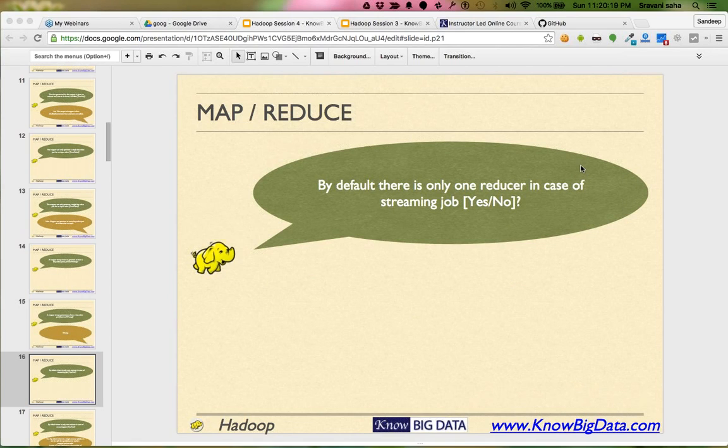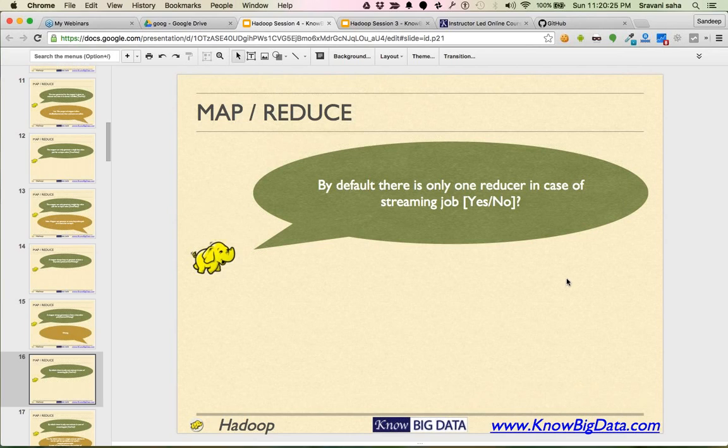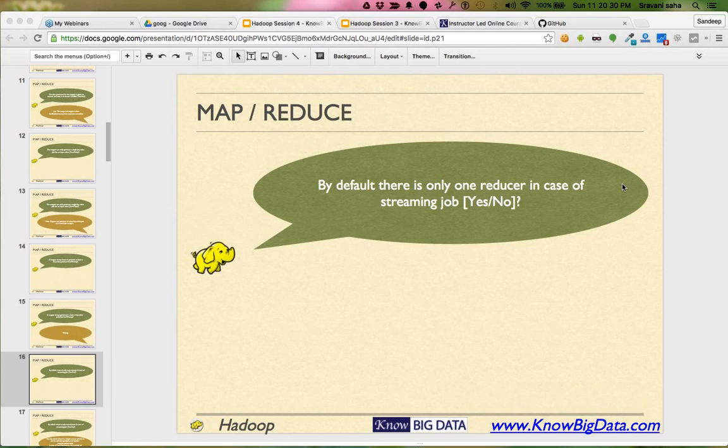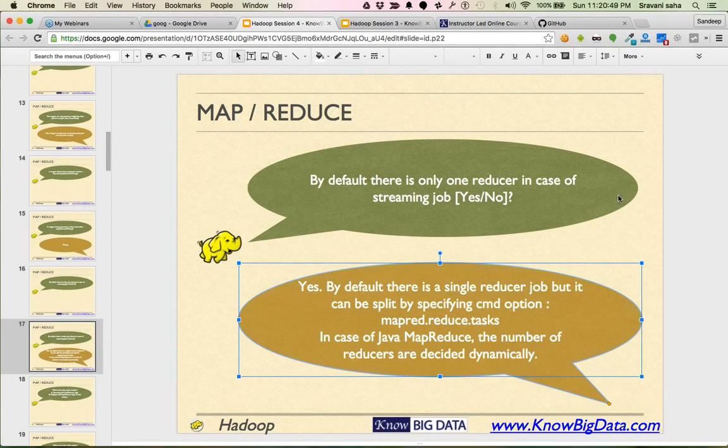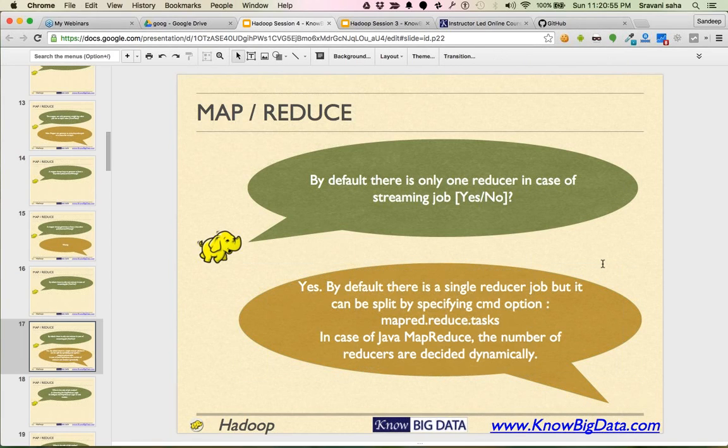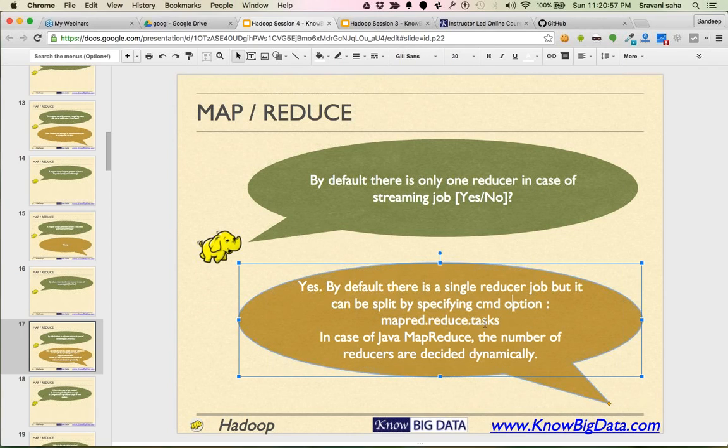All right. Now, another question: by default, there is only one reducer in case of a streaming job. Yes or no? Do you remember when we used our reducer in the streaming job? Did it generate by default one file or two files? Yes, so the default is yes. By default, there is a single reducer, but it can be split by specifying it.